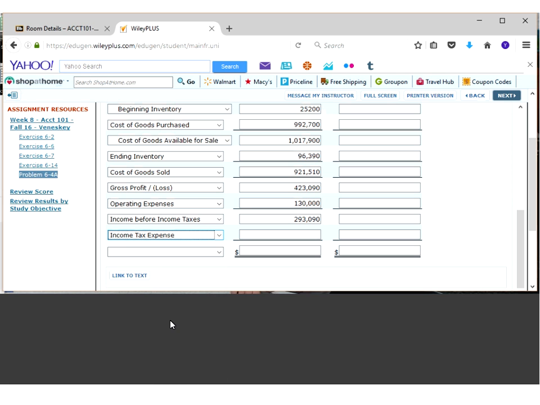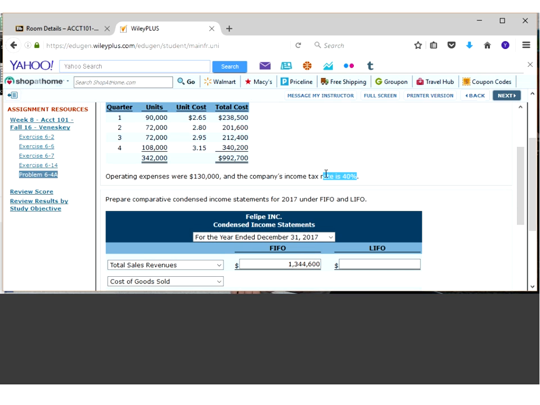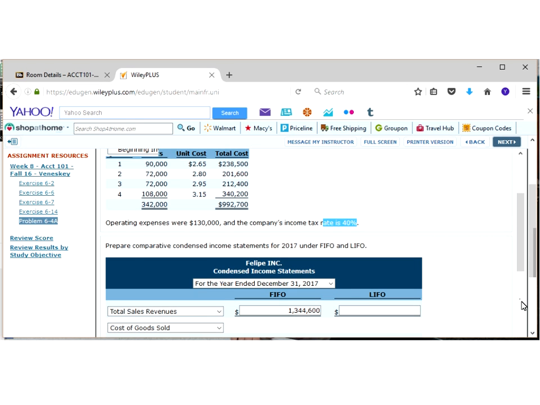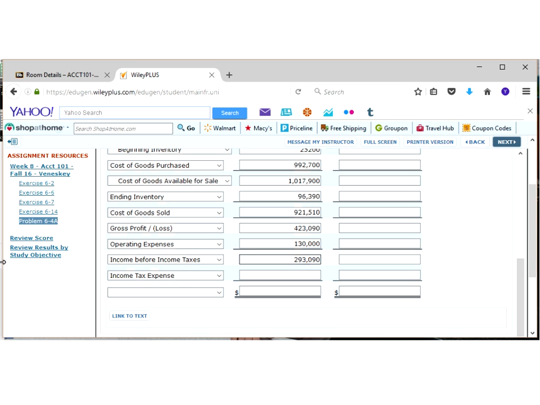Now we have income tax expense, and it told us up here that my income tax rate was 40%. So I take 40% of that 293,090, and that gives me 117,236 going to the government, which is a big chunk.